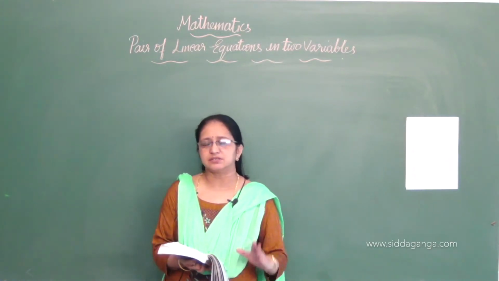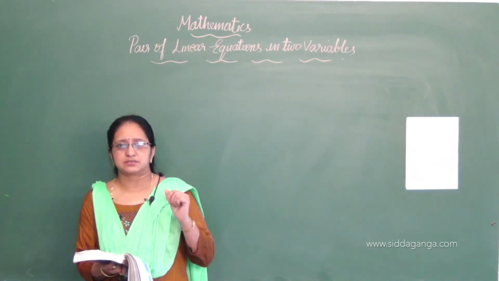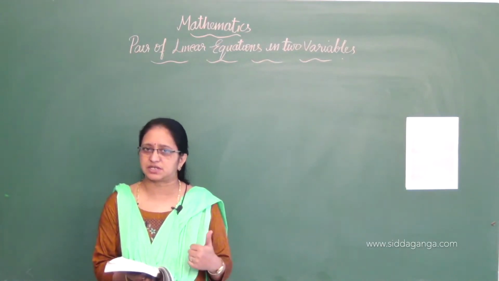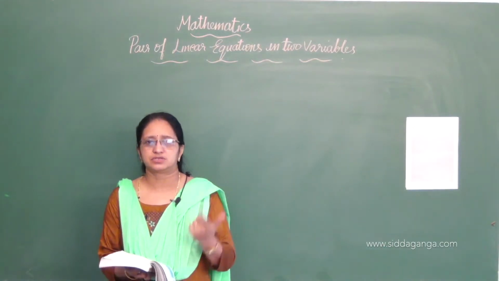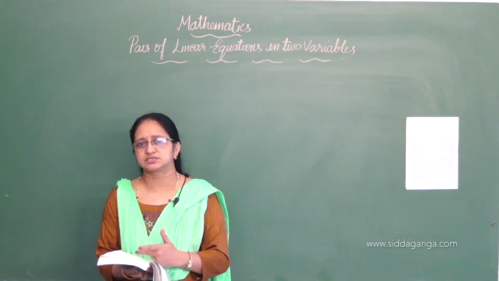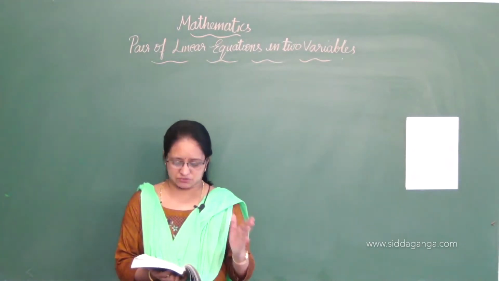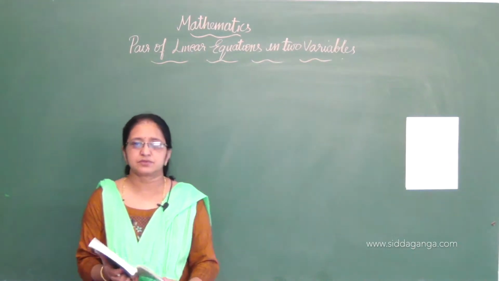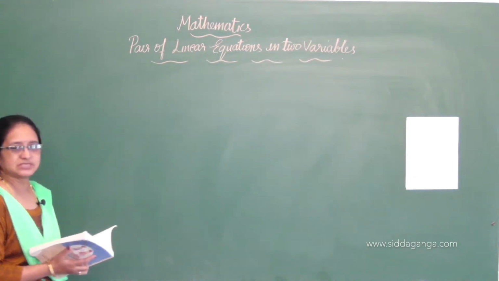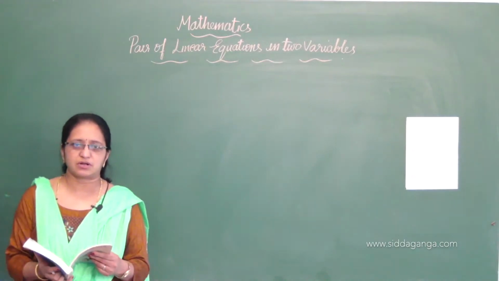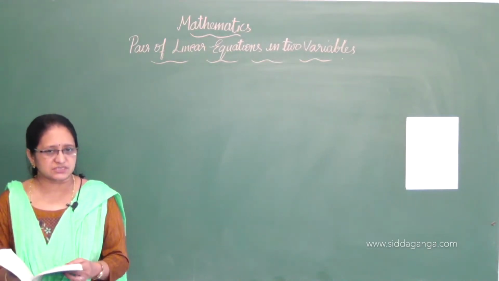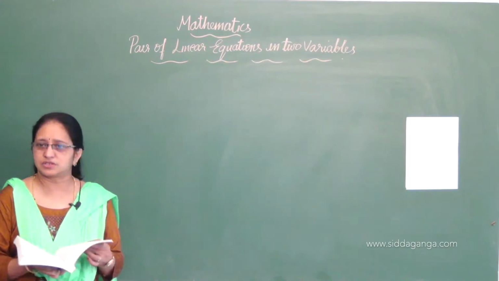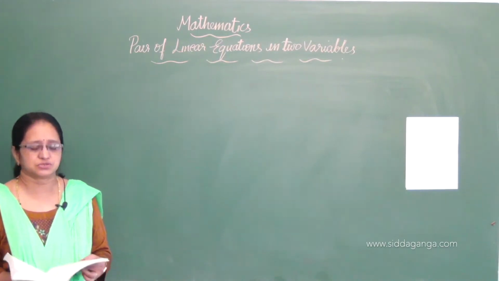So for consistent, you will get intersecting lines or coincident lines. For inconsistent, you will get parallel lines, which I have already shown in the previous class. Now let us see the first question. We will just check whether it is consistent or inconsistent. If it is consistent, then we will plot the graph and obtain the solution.